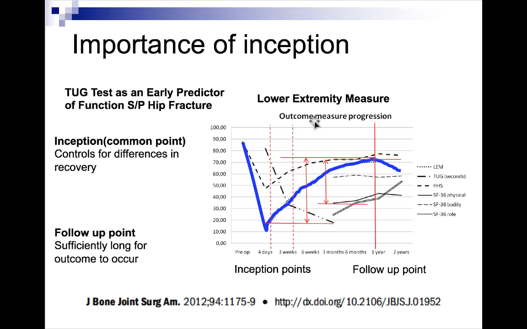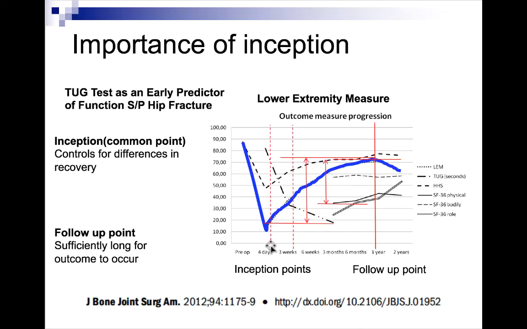This blue line, which in this case is the lower extremity measure, is their self-report of their functional abilities before their fracture. They were about 85 out of 100. Then after their fracture, they plateau in improvement at about 1 year at about 70 out of 100. And so we can see the importance of the inception point.